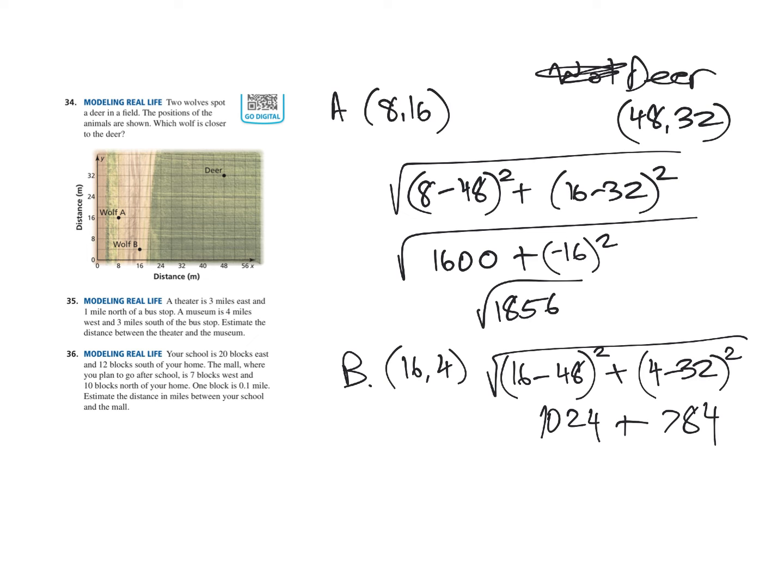So now we have, let's see here. I don't think I did that right. 1024 plus 784 is 1808.